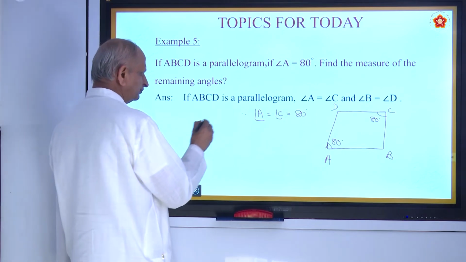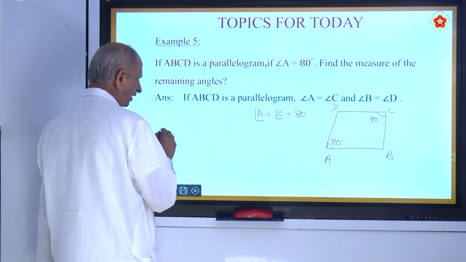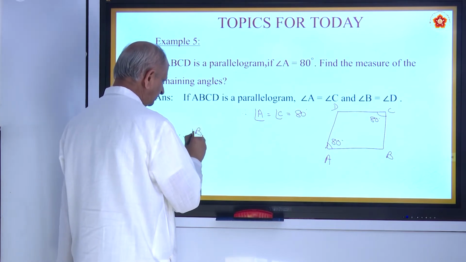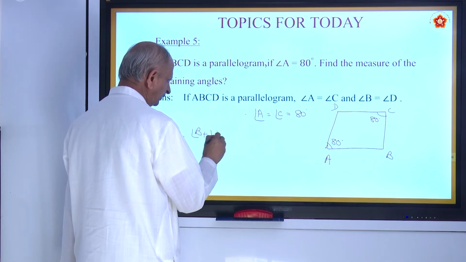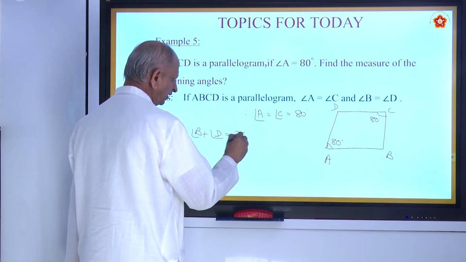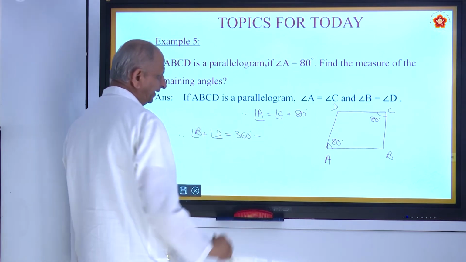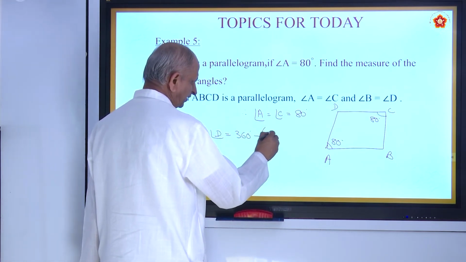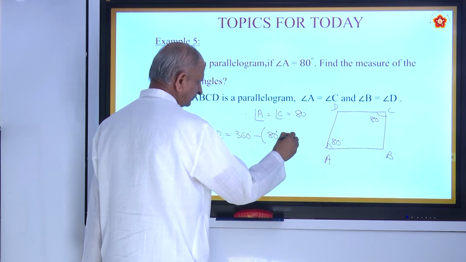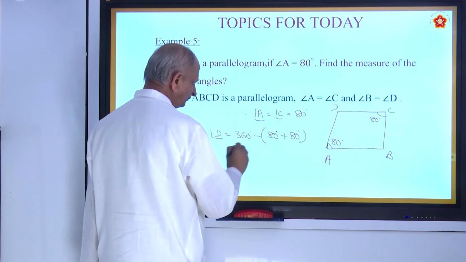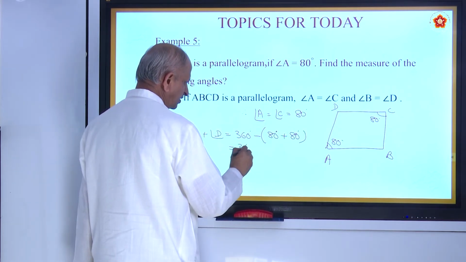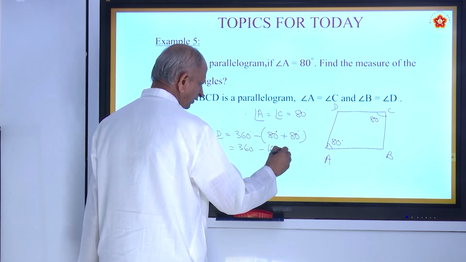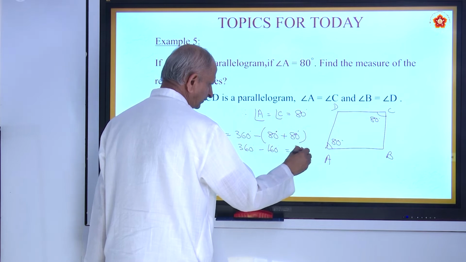And therefore we know the sum of all the angles is 360 degrees. Therefore angle B plus angle D is equal to 360 minus how much? A is 80. C, that is also 80. So 360 minus 160. How much? 200 degrees.